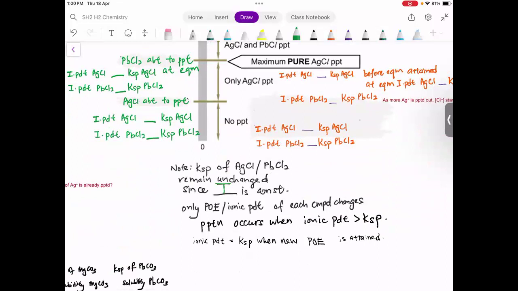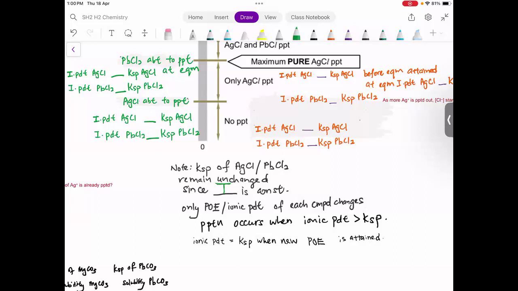When the POE changes, the ionic product will also change at the moment of disturbance. I emphasize, the ionic product can change at the moment of disturbance, when you add in a fresh bit of sodium chloride.